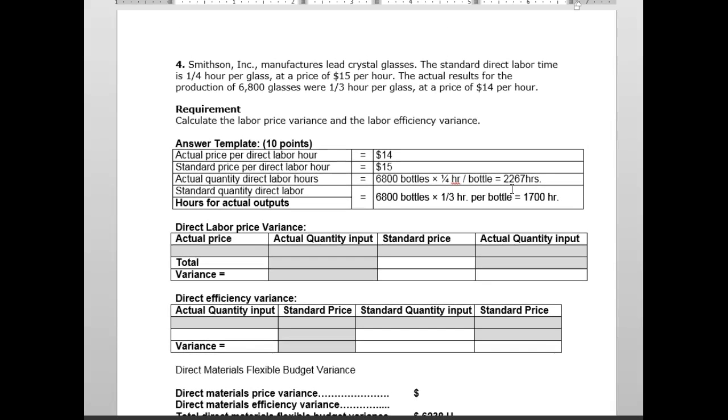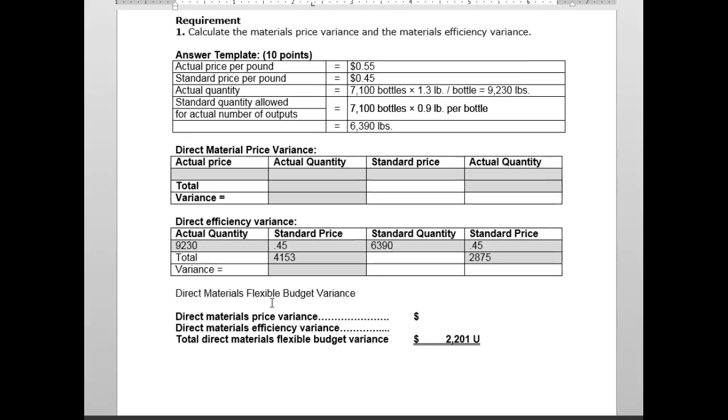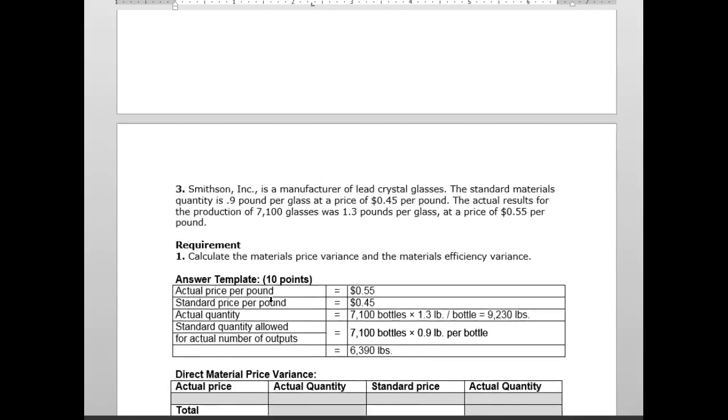We did two of them. We're looking at what happens if you can't tell which is giving you the unfavorable variance. Is it the actual price, or is it the actual hours used? So you can break it down by the price variance or the efficiency variance. This one is the same thing, just looking at it from a material standpoint.